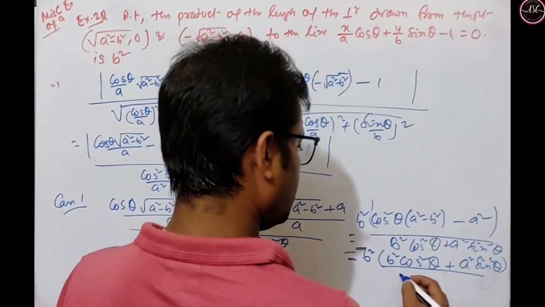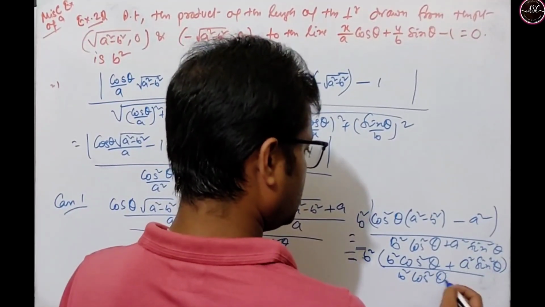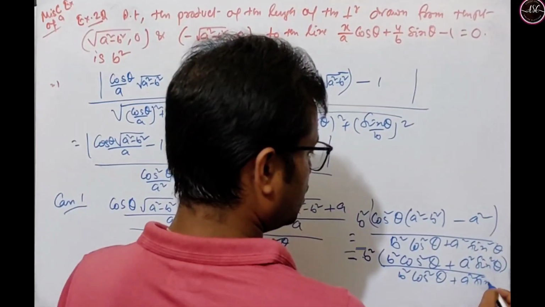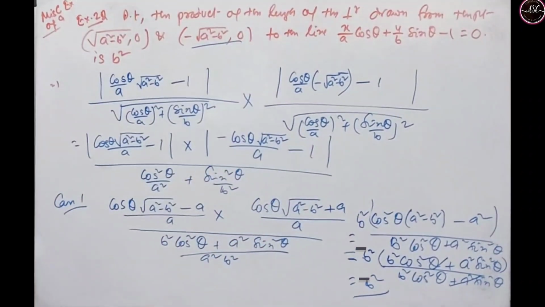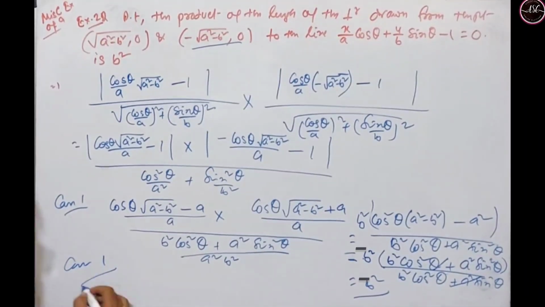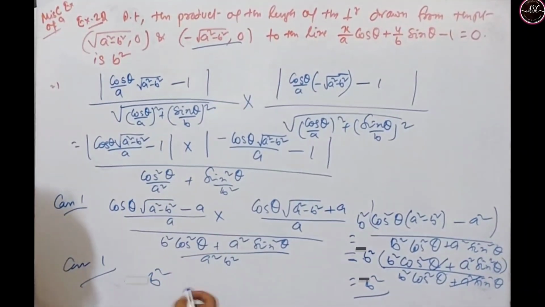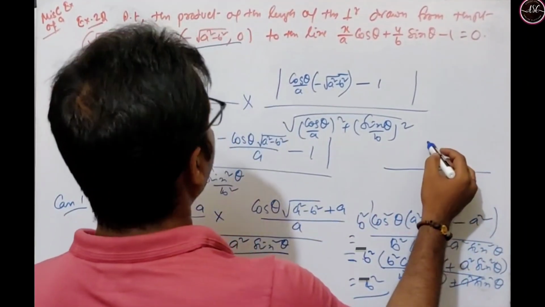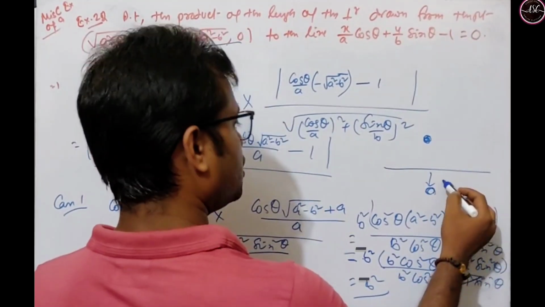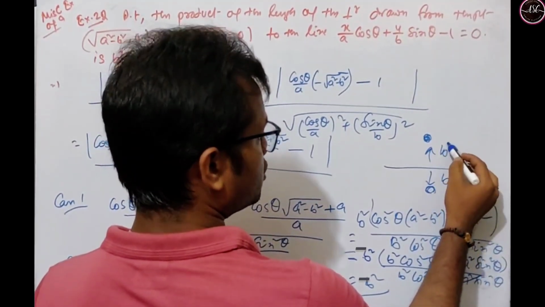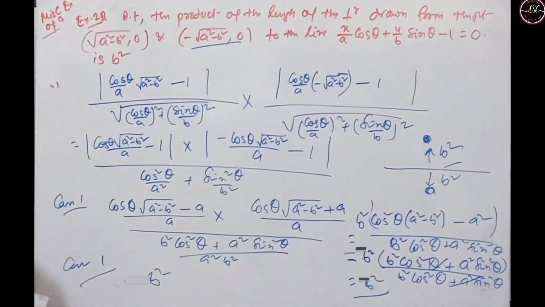And here also b square cos square theta plus a square sin square theta, that will be cancelled out, so the minus b square, and other case 2, so the distance will be, this is the line and this is the point and this is the negative, so this is also b square and this is also b square, that will be your answer, okay.